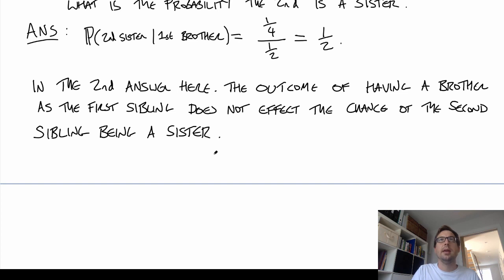This notion of not affecting something is what we call independence, the idea that having a brother as a first sibling is independent of the second sibling being a sister.